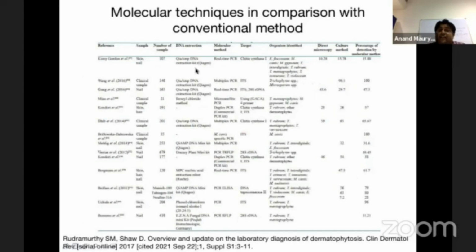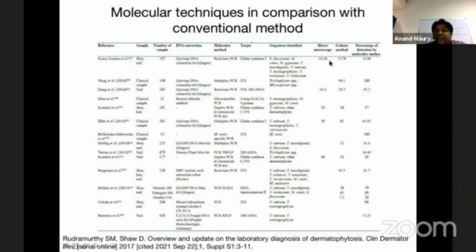And there is a paper published, an overview and update on the laboratory diagnosis of dermatophytes. In this you can see the molecular methods used in the case of real-time PCR.